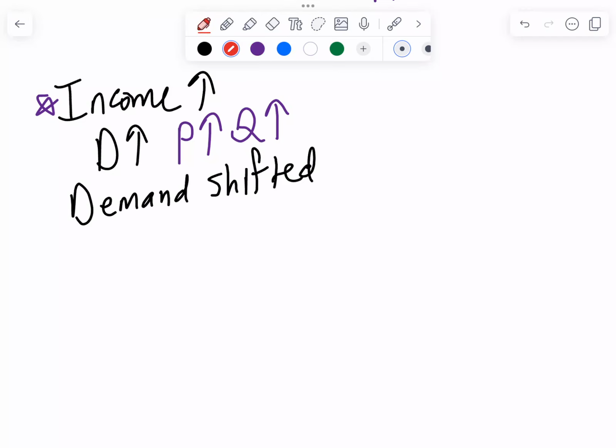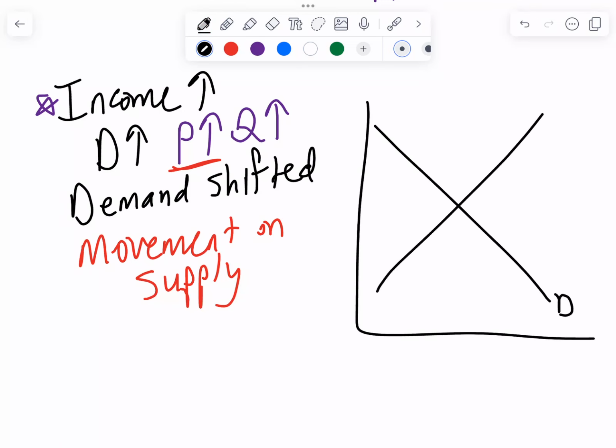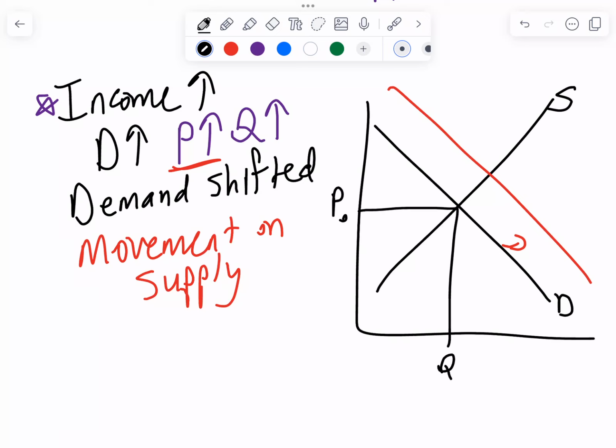But we did have a change in price. So therefore, we'll have a movement on supply. Let me show you why. Here we have the demand and the supply, and we have an increase in the demand. So we go from here to here.